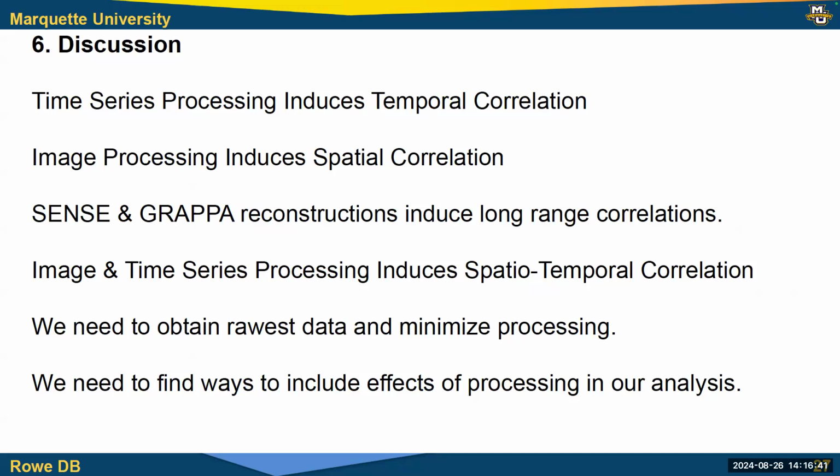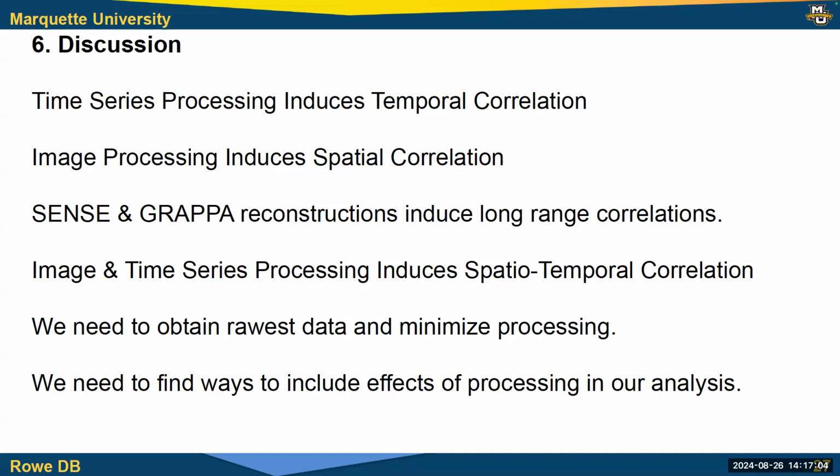So in conclusion, time series and image processing changes the correlation structure in your data besides reducing noise. We don't get a free lunch, right? Some image reconstruction techniques generate long-range correlation. The simultaneous multi-slices through the planes. Here I showed you SENSE and GRAPPA that's within the folds in a plane.